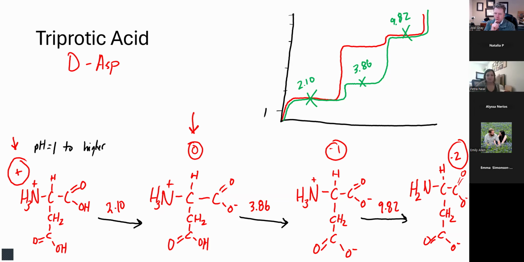Could it have a 0 charge? Yep, absolutely. Now, we talked about this number earlier, pI, or the isoelectric point. We can see what that molecule looks like. But the question is, a pI is a pH where 100% of the molecule has an overall 0 charge. So what is our pI?